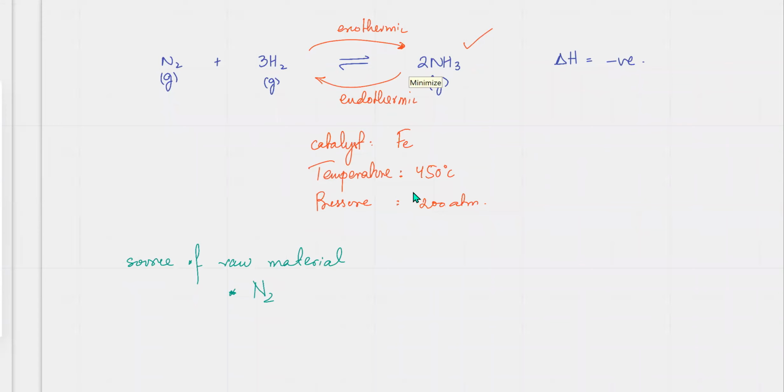But which place is full of nitrogen? Just anyone, just a random guess. Air. Okay, that's air. So remember, nitrogen, you get it from air. You get it from fractional distillation of liquid air. You liquefy the air, and then nitrogen has a particular boiling point, so you boil it and you collect it in some container.